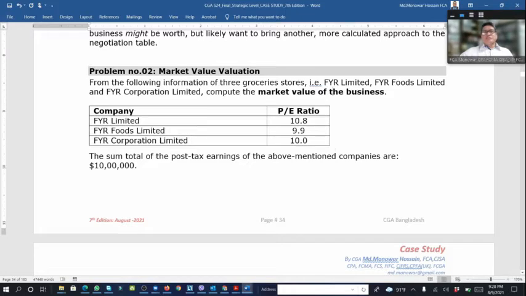So here, market valuation. From the following information, there are three grocery stores, that means three companies: FY Limited, FY Food Limited, and FY Corporation Limited. Compute the market value of the business.